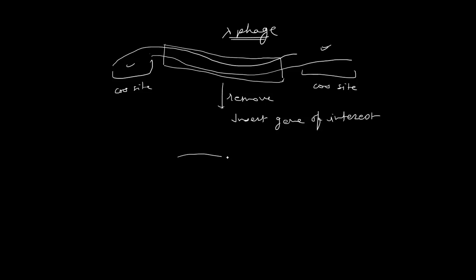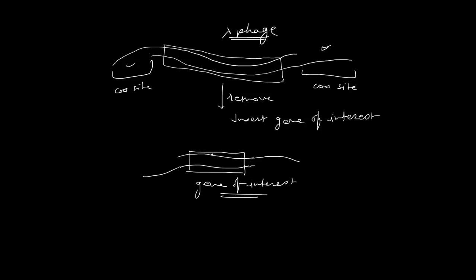Suppose this one is the gene of interest. So now the major parts are the gene of interest and the cos sites. In this type of phage vector, we can remove the center part. It is not useful for infection, for the lytic cycle, so we remove it and insert the gene of interest.